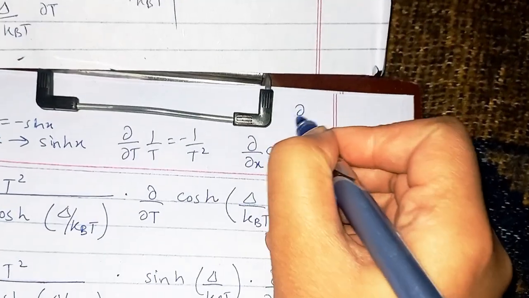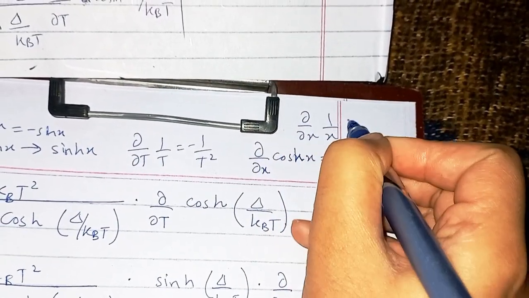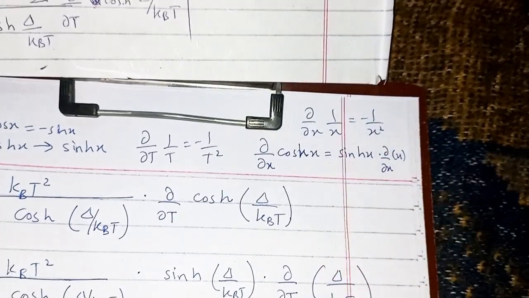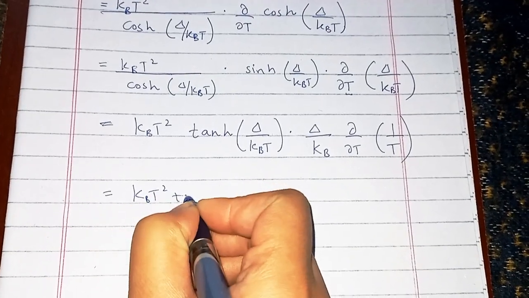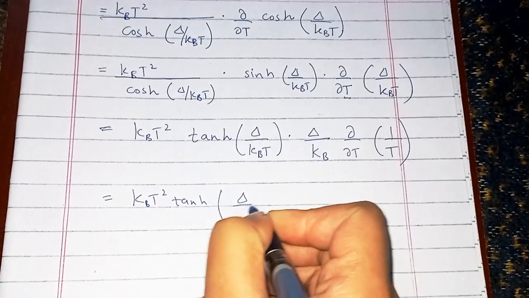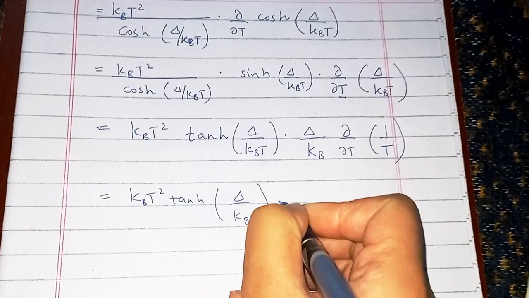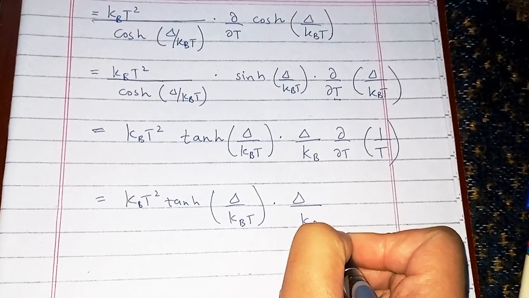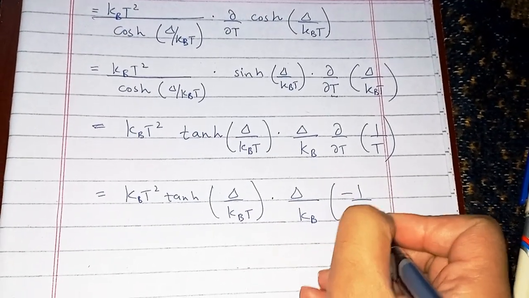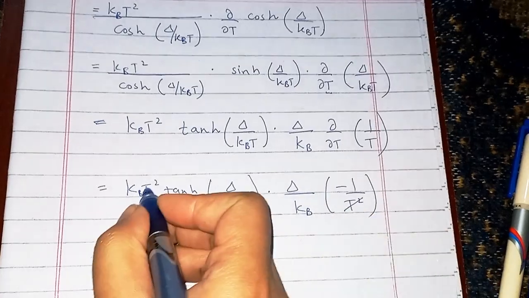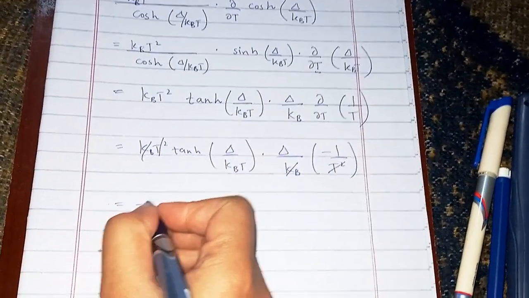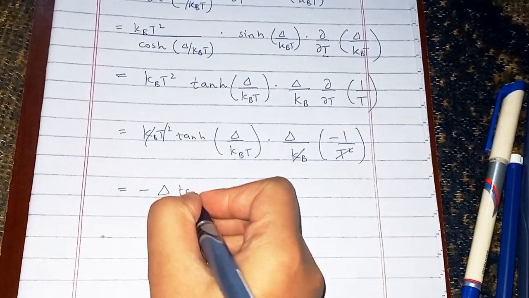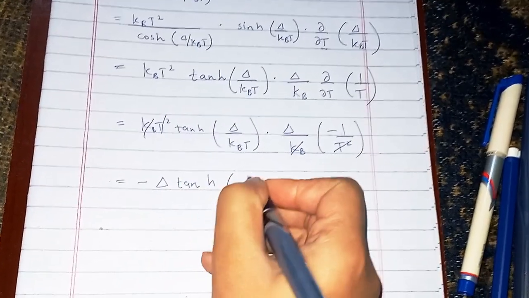It is similar to partial by partial x of 1 over x, which is minus 1 over x squared. Just replace x with T, so it's kBT squared tanh of delta by kBT dot delta by kB, and here we'll write minus 1 over T squared. T squared cancels out, kB cancels out, minus delta could be written at the starting point, then tanh of delta by kBT.